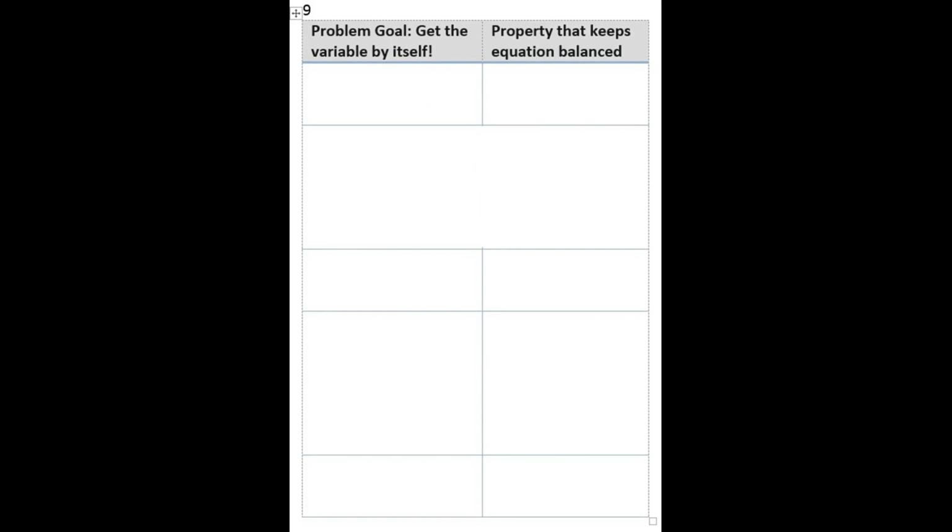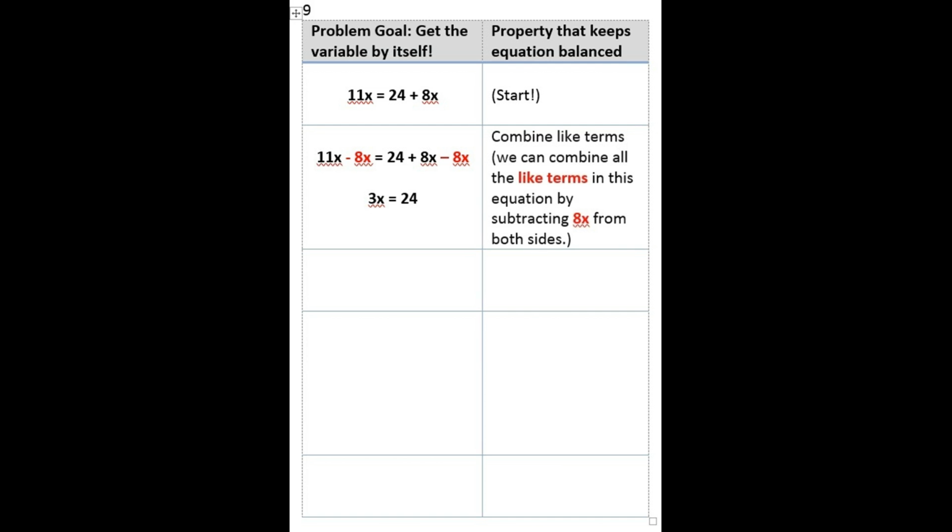And right here, you're going to see that we have variables on both sides of the equation, but the constant's only on one side. The fastest way to get that constant by itself is to subtract 8x in this case. This is 11x equals 24 plus 8x. So in our next step, we go 11x minus 8x equals 24 plus 8x minus 8x.